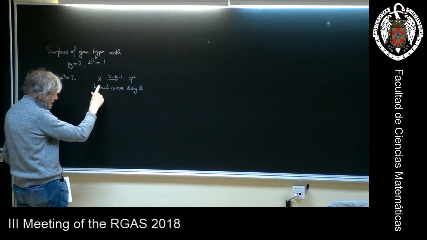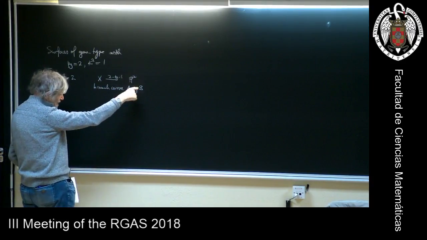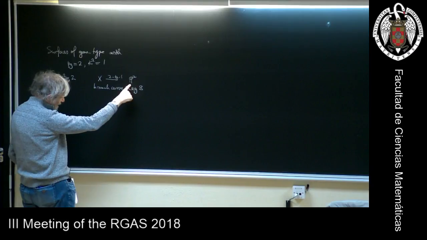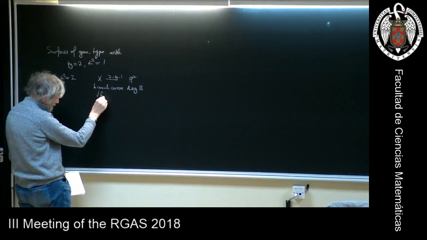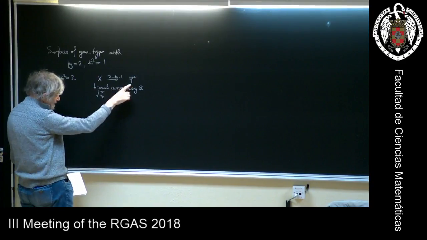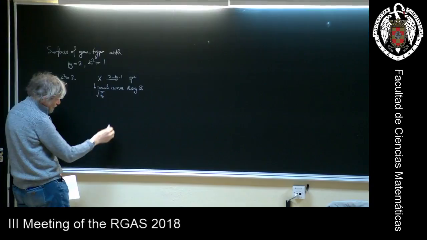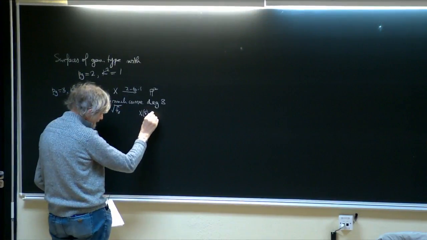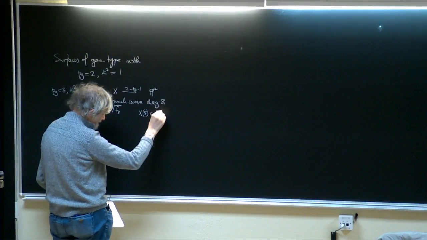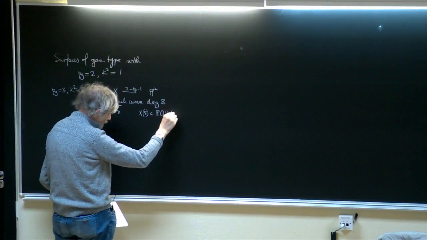So you can just imagine that I've drawn a base curve of degree 8 in P2, and I'm taking square roots of some f8 in those coordinates. Or you can think of this as X8 in weighted projective space 1, 1, 1, 4.